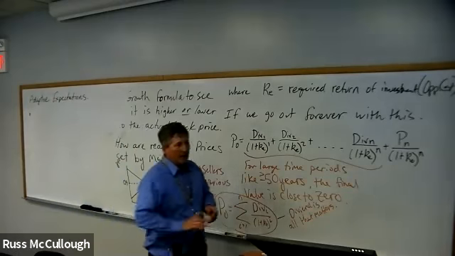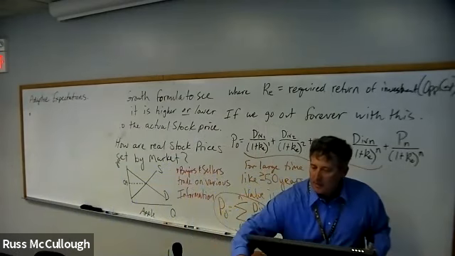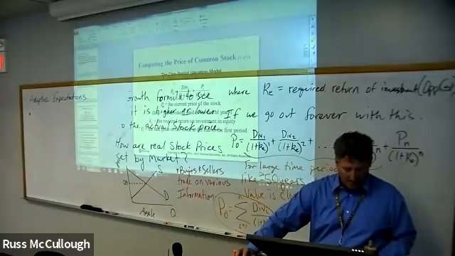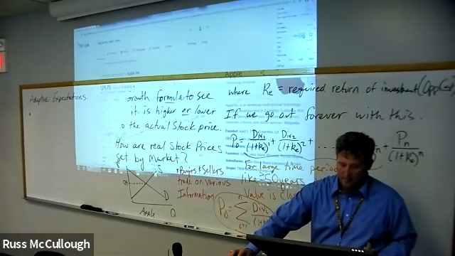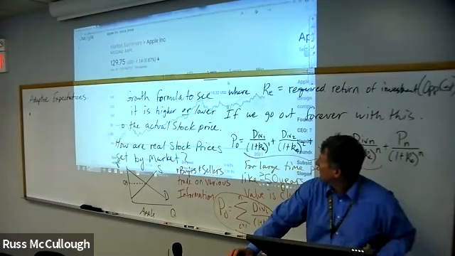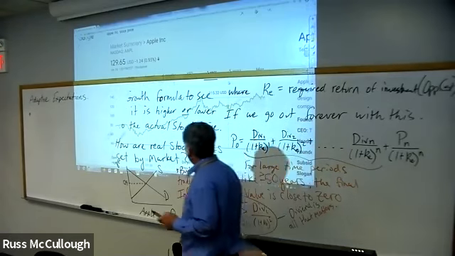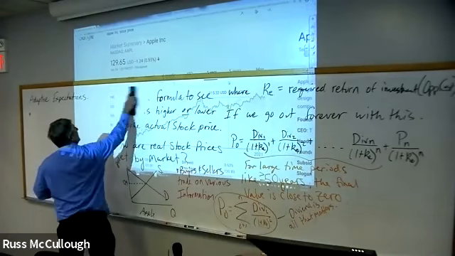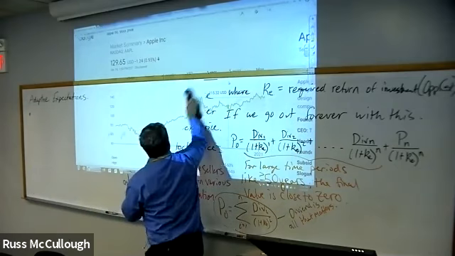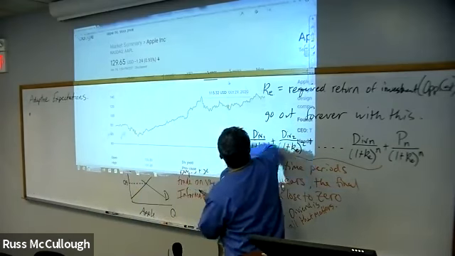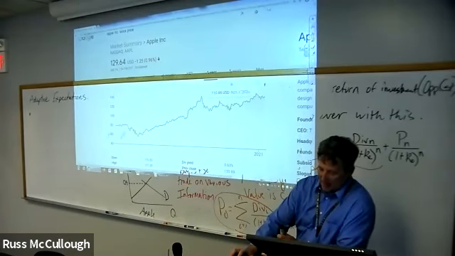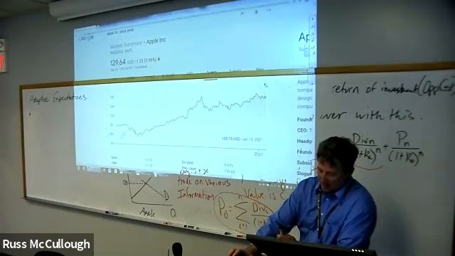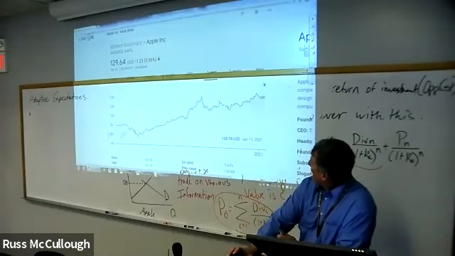So what's one way that we form an expectation about this Apple stock? Here it is again. It's kind of small here. There it is. It was at 115 back in October, and 129.75 today.